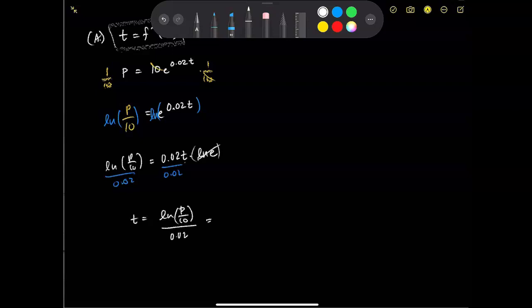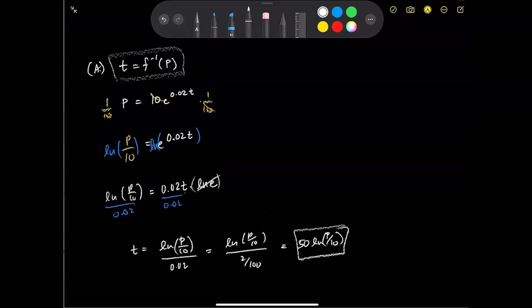So, 2/100ths is really what that is down there. So 10 over 2/100ths, which is really like multiplying this whole thing by 50. Okay, so this is the formula for t in terms of p now.